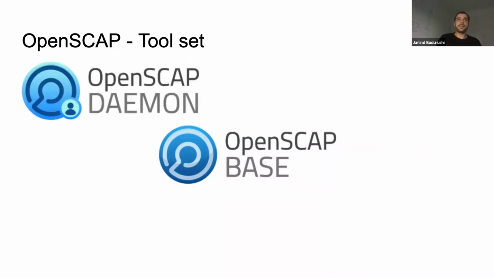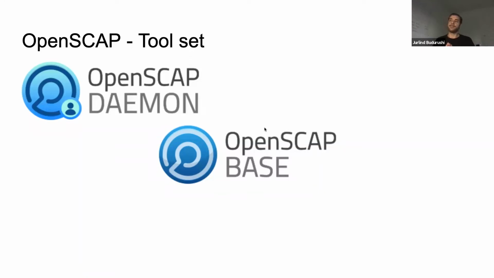Then you have the OpenSCAP daemon, which continuously evaluates your infrastructure for, as we said, compliance and vulnerabilities. It runs in the background and makes sure that the machines and containers running are evaluated according to some schedule that you can specify.